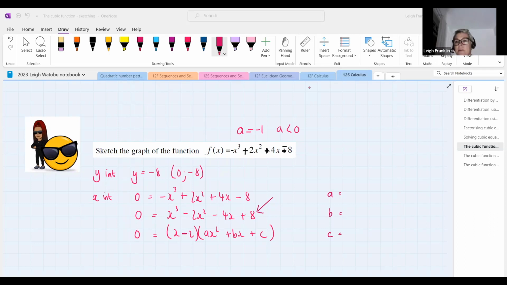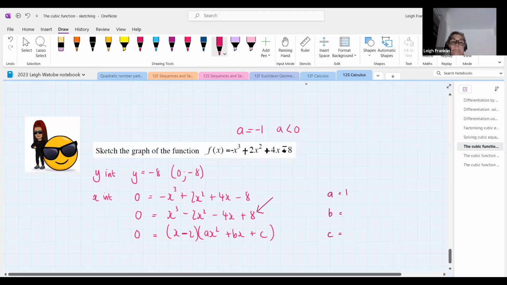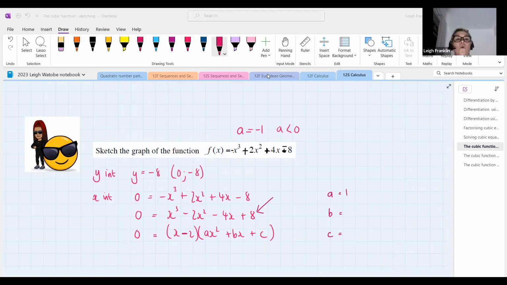Values of A, B, and C, please. Good. A is 1, I quite agree. C is 4.